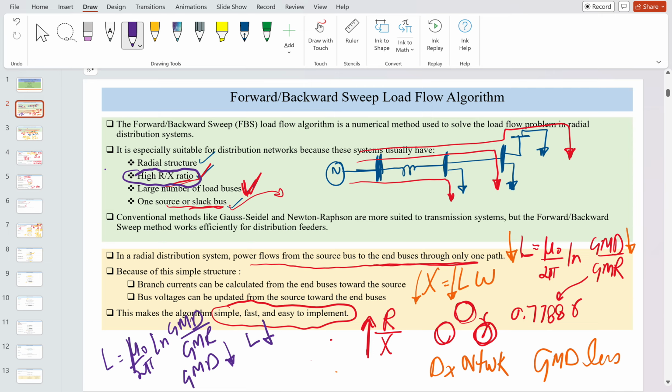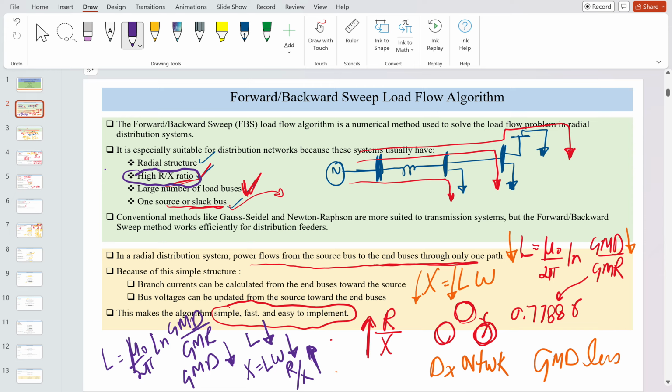That's why L decreases. L decreases means X equal to L omega decreases. So R by X ratio will become high in the distribution network. That's why we use the forward and backward sweep method, not the conventional Gauss-Seidel or Newton-Raphson method.